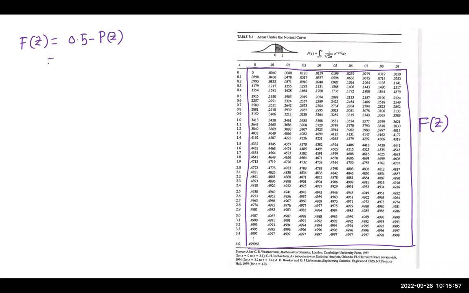There is another type of table for this distribution where the range is from 0 to 1, and there you can directly say Fz equals the probability. So you may get confused, but this time we are using this one. It's the same thing.